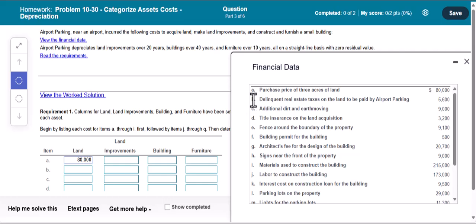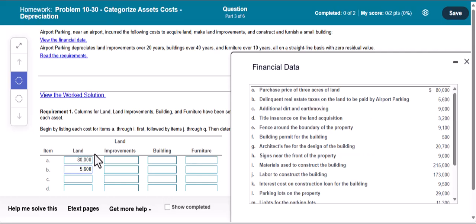So next we have B, delinquent real estate taxes on the land to be paid by airport parking. So that is $5,600. And that $5,600 is part of the cost to get the land ready to use. So then we have to count it as part of the land account. So I'm going to go ahead and include that $5,600 here for B. And next we have C, additional dirt and earth moving for $9,000.